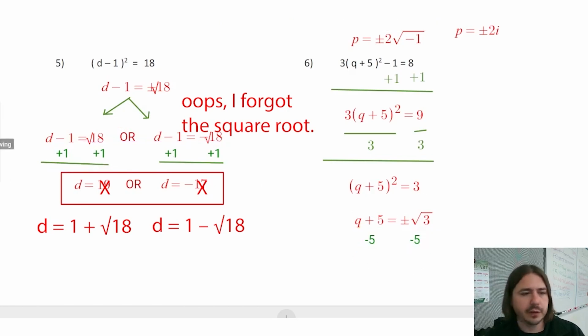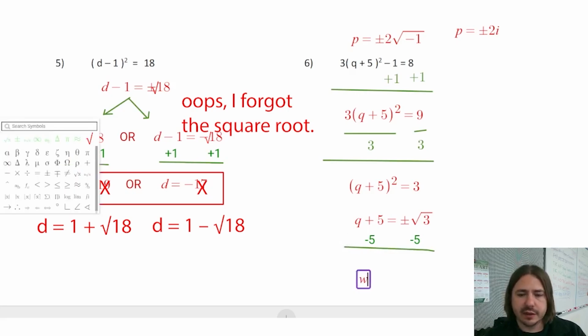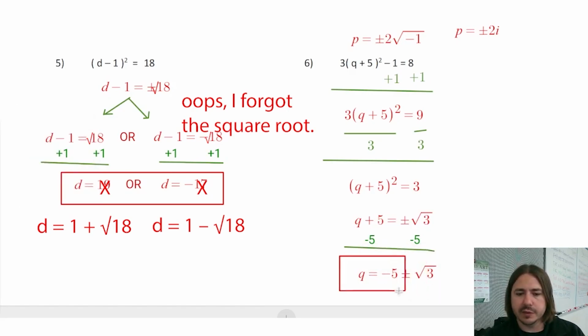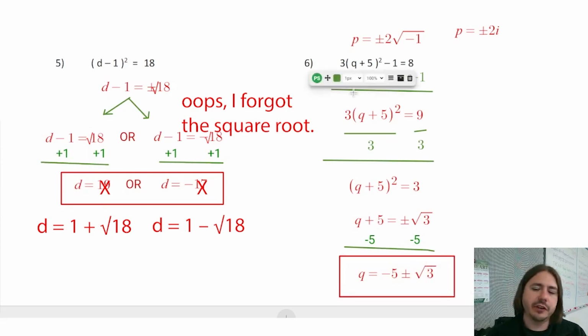It's really up to you. So we get our solution set q equals negative 5 plus or minus root 3. Okay, so there are two solutions here, one with the plus, one with the minus. I'm just combining them into one statement. And there's your answer for number 6. Or there's your answers, because there's 2 of them, right?